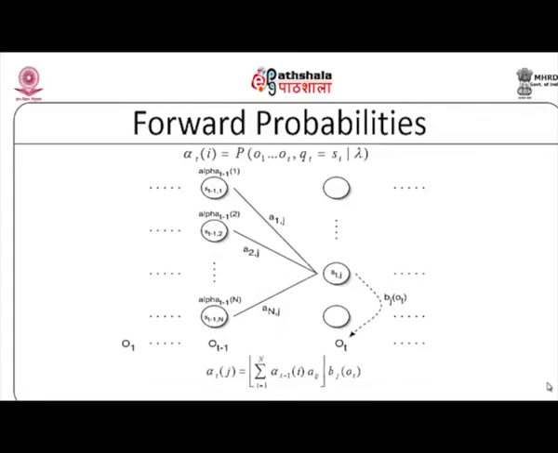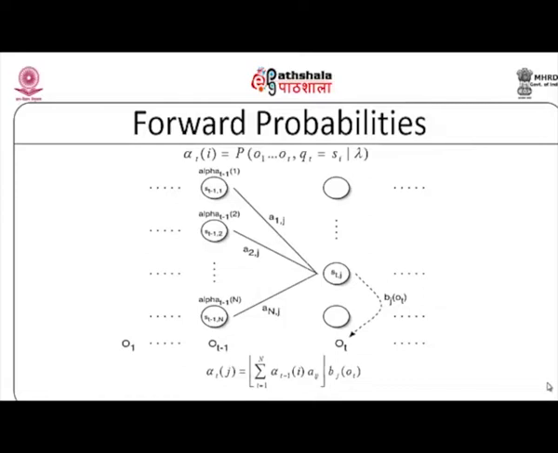What probability are we summing? We are summing the probability of having reached each of these states at t minus 1, and the transition probability, that is a1j, a2j. So, 1, 2 to n are the states that we are associating at t minus 1. At t minus 1 you are at 1, then you take a transition from 1 to j and land at j, and you are also given the observation at that particular point t is Ot.